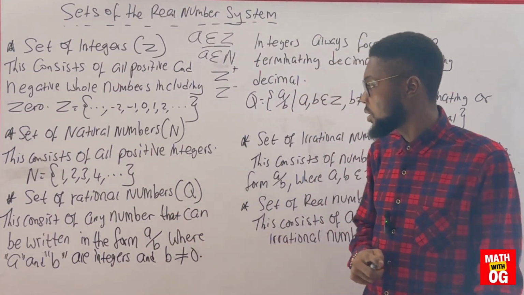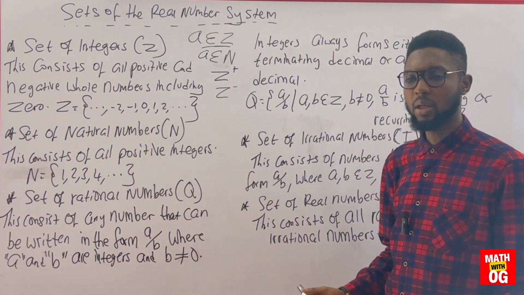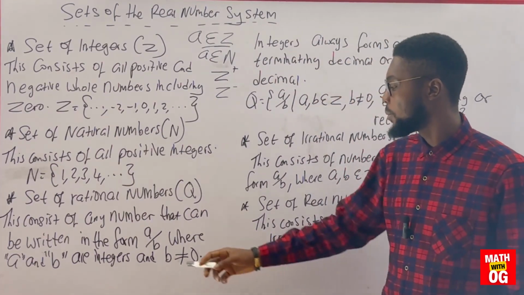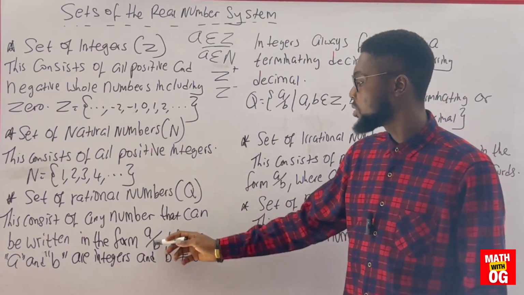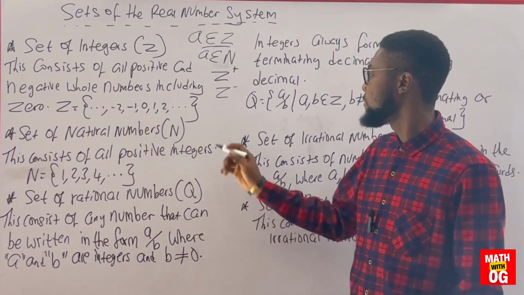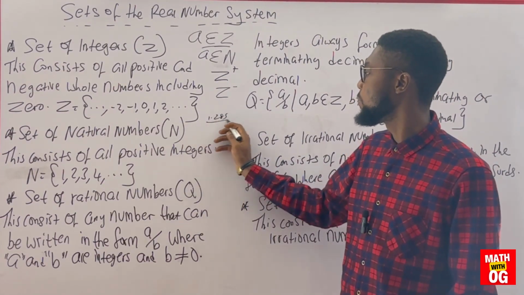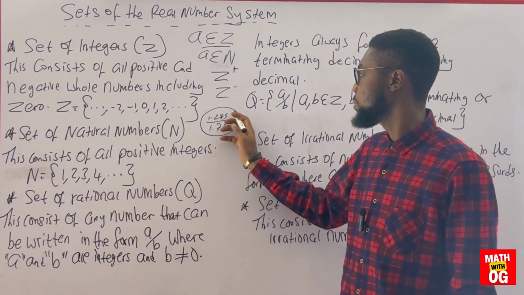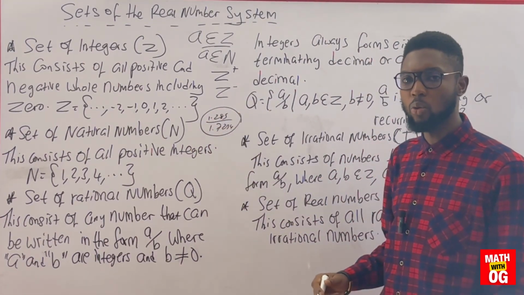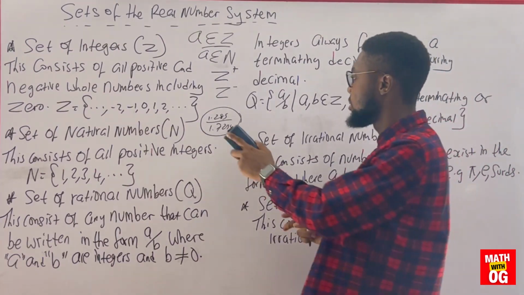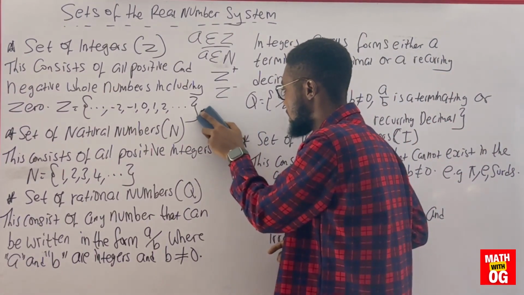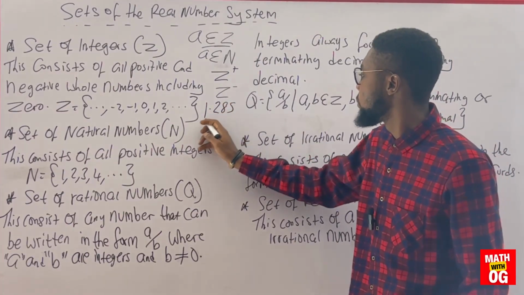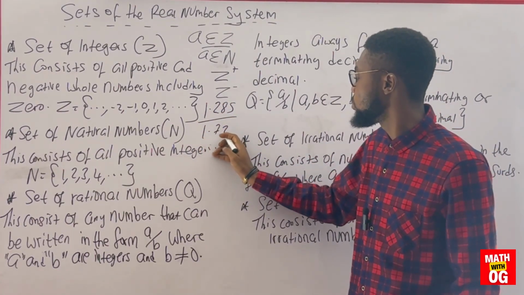Now let's move on to set of rational numbers. What are rational numbers? This consists of any number that can be written in the form a over b, not just written in the form a over b. That does not mean if I write 1.285 over 1.7234 that this automatically is a rational number. Let's say you have 1.285 over 1.724.